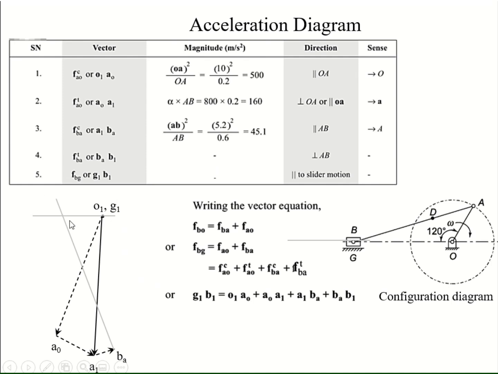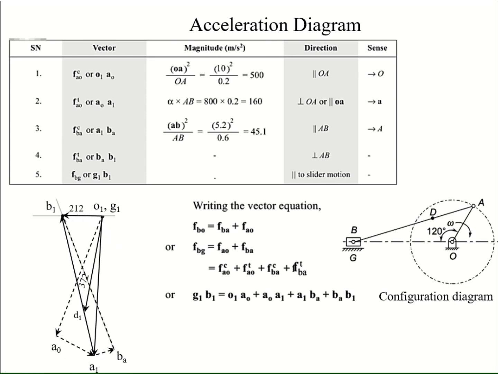Having drawn these two directions, we can now locate the point over here, which is B1. And once we locate the point B1, we can draw the complete acceleration diagram to give us the total acceleration A1B1. And then we can easily find the acceleration of the slider, which comes to be around 212.